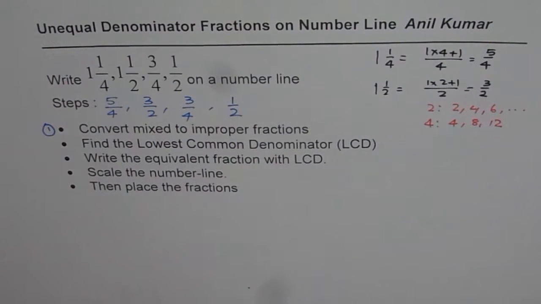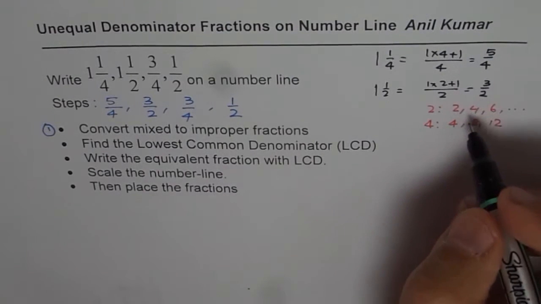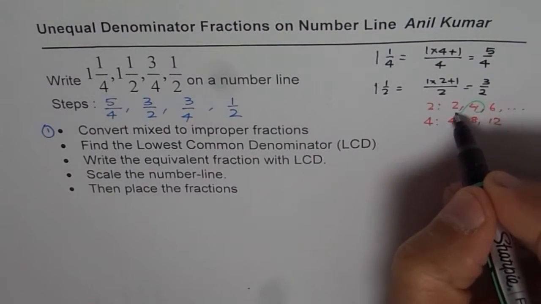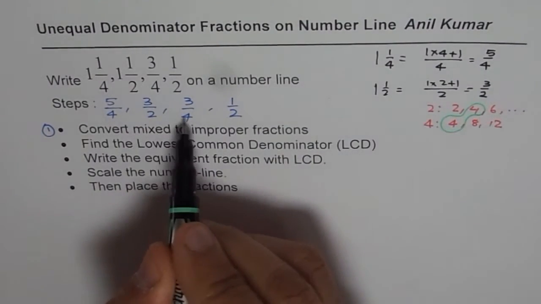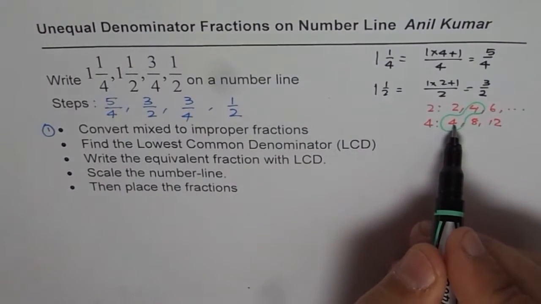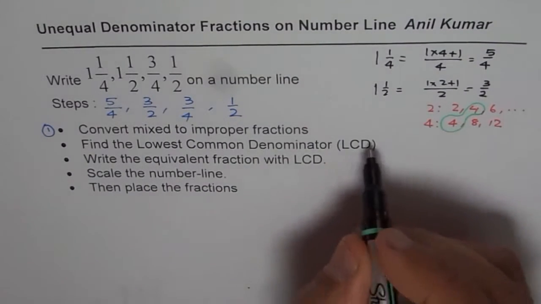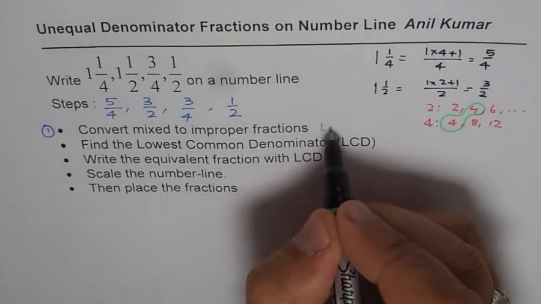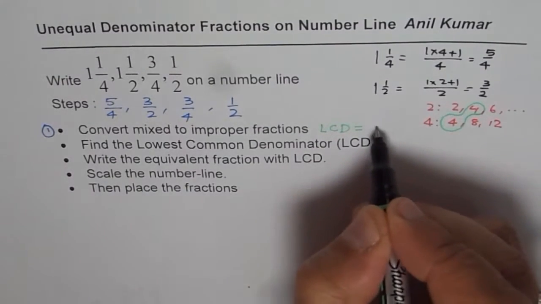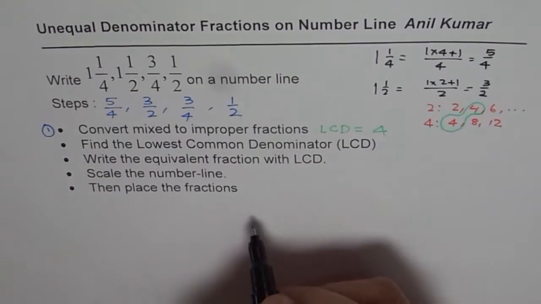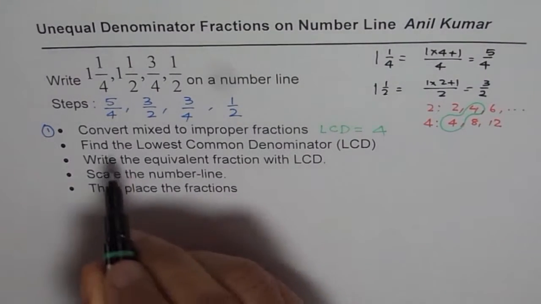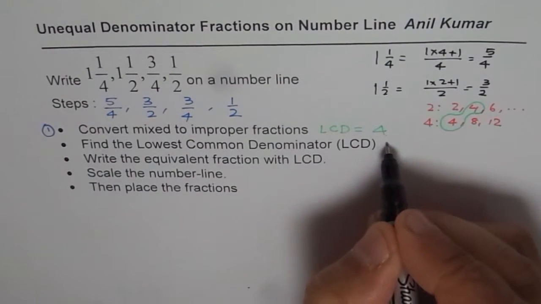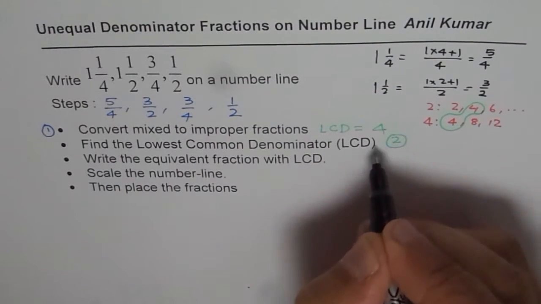So as you can clearly see, the common multiple for 2 and 4 is 4, right? So we can write all these fractions with 4 as common denominator. So what we say here is that the lowest common denominator is equal to 4. So this is how we find the lowest common denominator. That is the process, correct? So that is our step number 2, right?